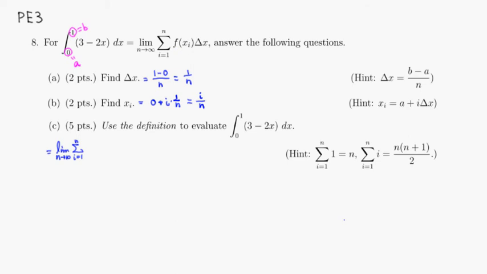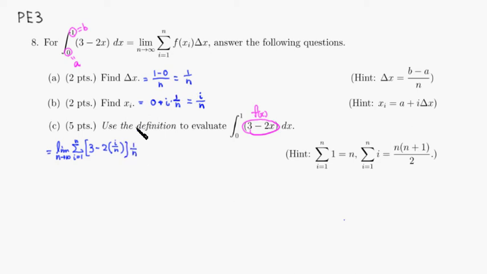This is the function f of x, so f of xi is just going to be, we plug in i over n whenever you see x. So you get 3 minus 2 times i over n, then multiply by dx, which becomes delta x, 1 over n.